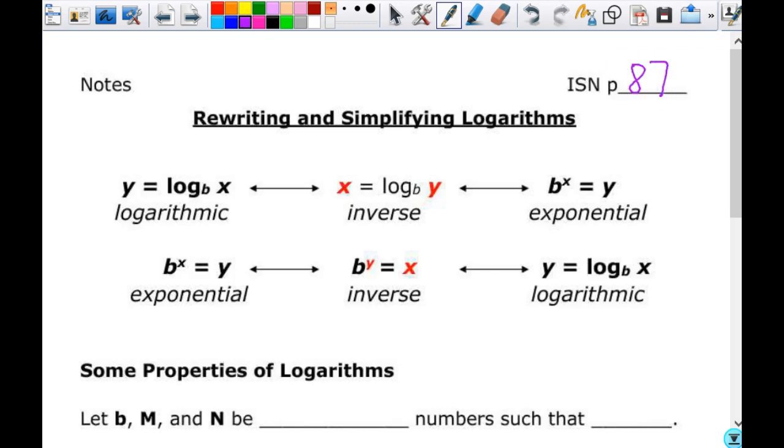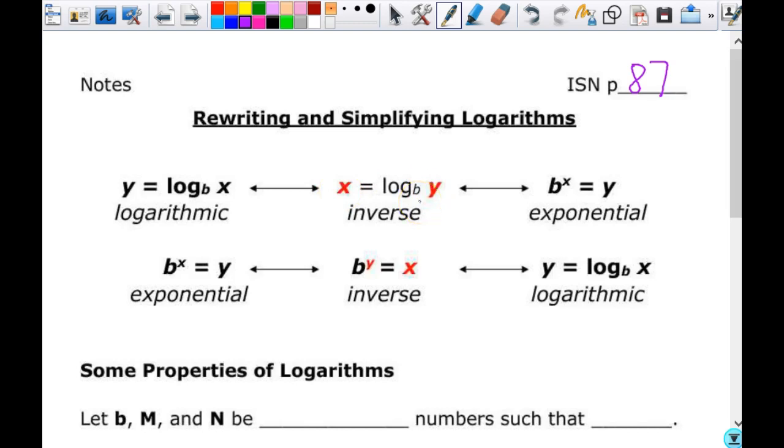Now, yours, you don't have the red, you just have the black. Again, this should be a review for you. If I have a logarithmic function, these are inverses of each other. We talked about that yesterday. For the inverse, you exchange the x and the y, and then we rewrite it as an exponential, b to the x equals y.